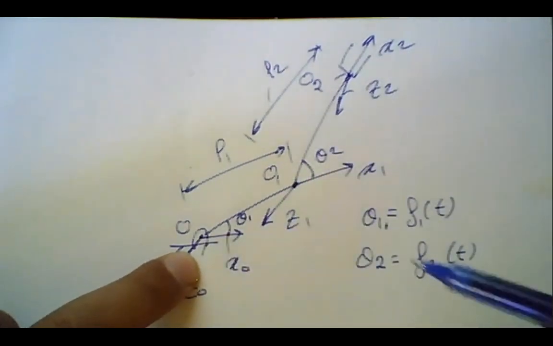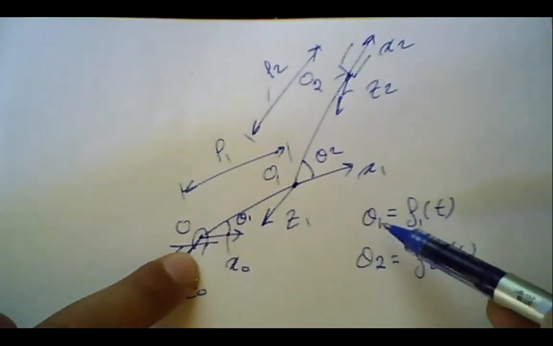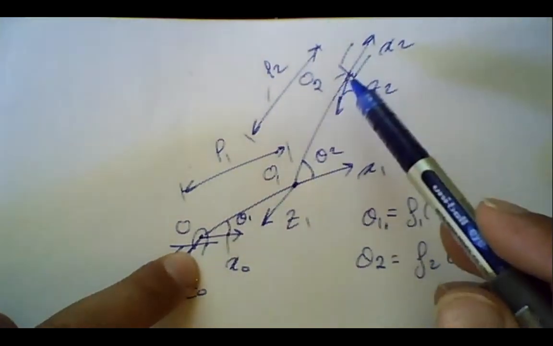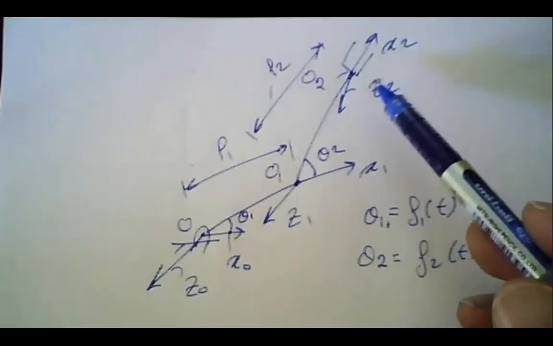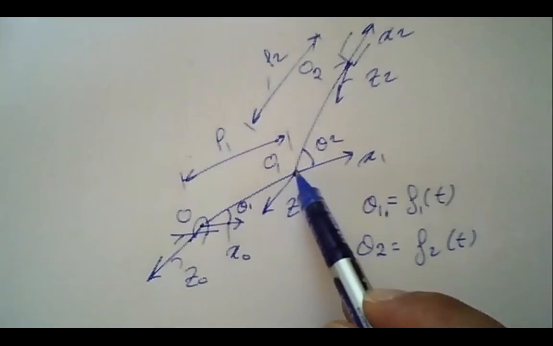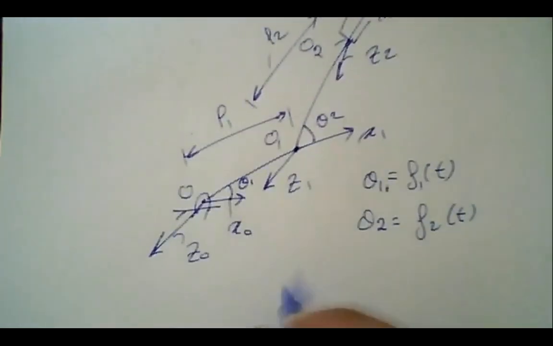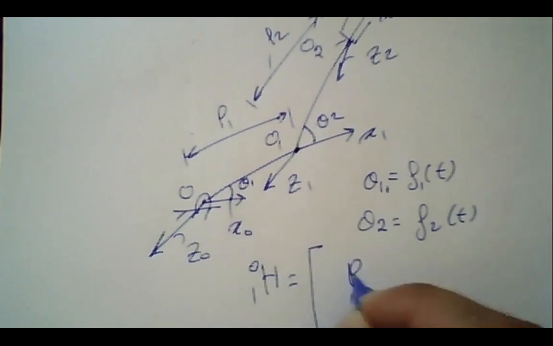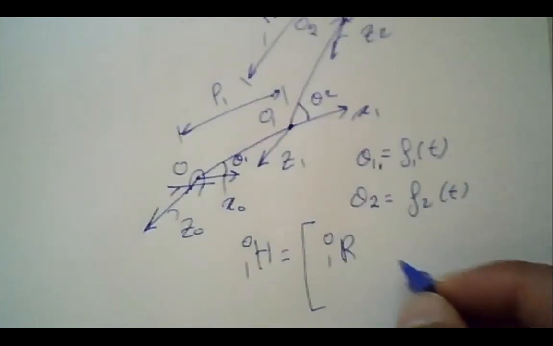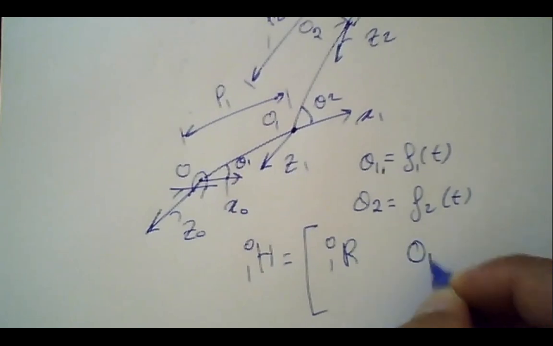This is called forward kinematics because we are providing the angles, the thetas, and we use forward kinematics to obtain the position of O2. To obtain the position of O1, I'm going to have to do H01. H01 will basically have R01 in it, and also O1 in frame 0.